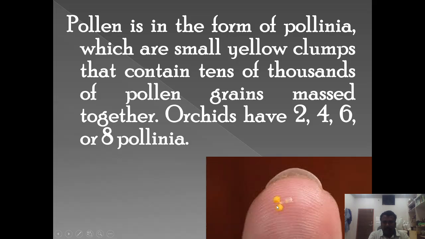Here, these are the pollens. The pollens are in a group. This group of pollens is known as pollinia. In some species, the number of pollinia is 2, in some it is 4, and in some 6, and a maximum of 8 pollinia are present.